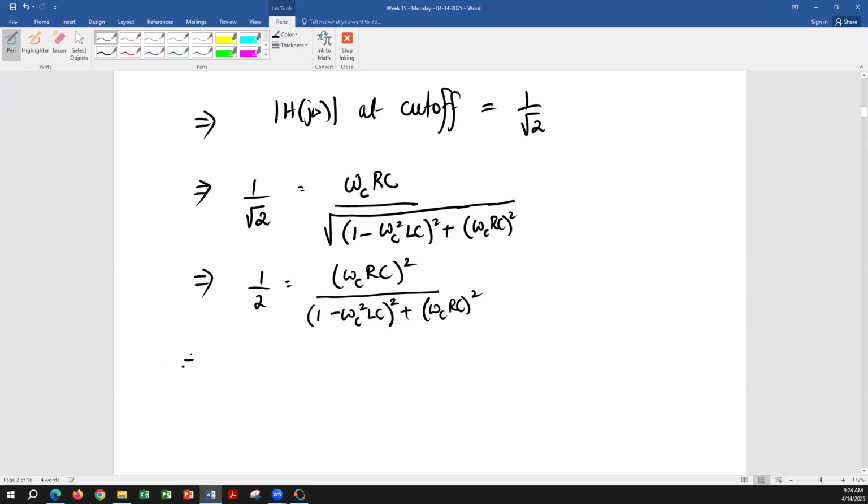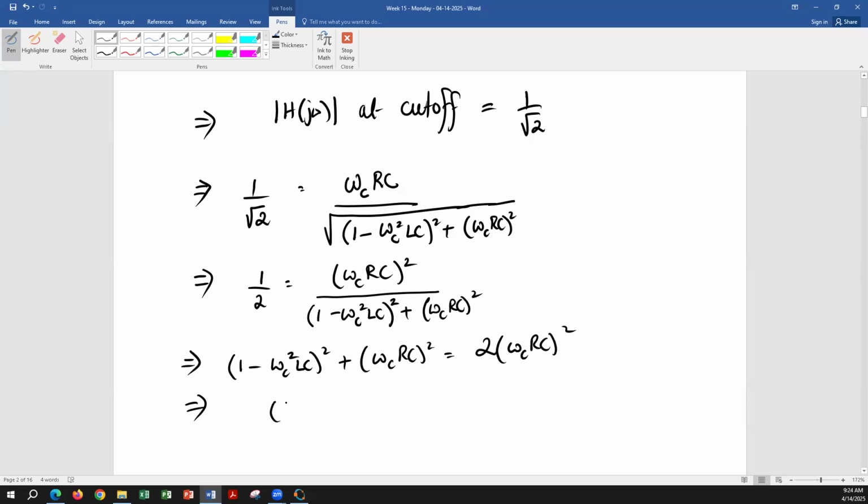And then we manipulate it, cross multiply. 1 minus omega c square LC square, take this omega c RC square on the right side, and we have 2 omega c RC square. That's going to subtract this term.